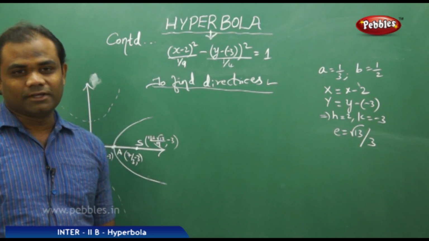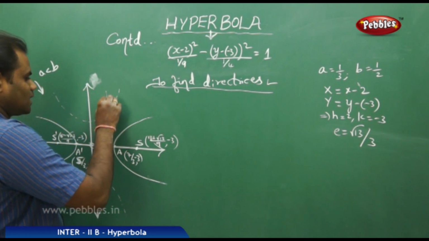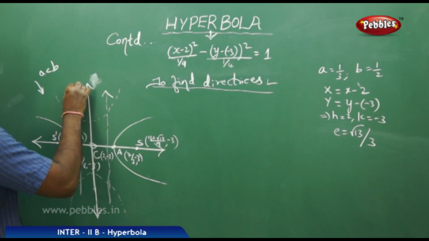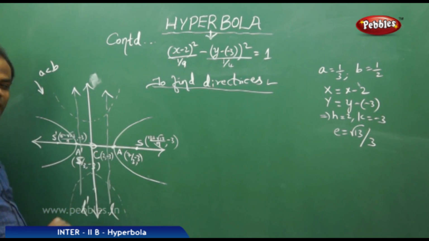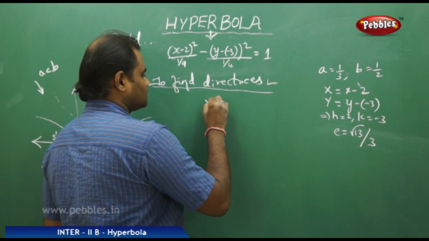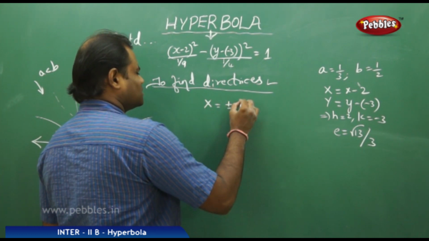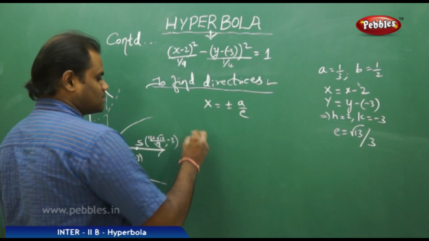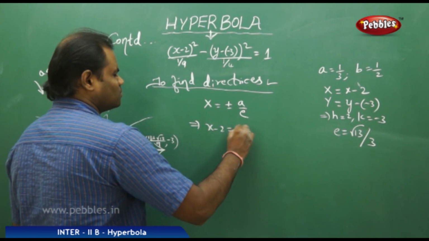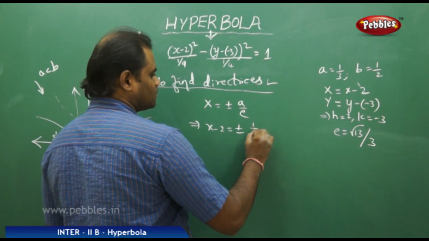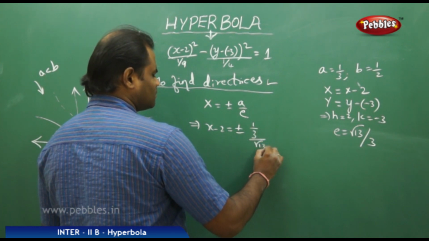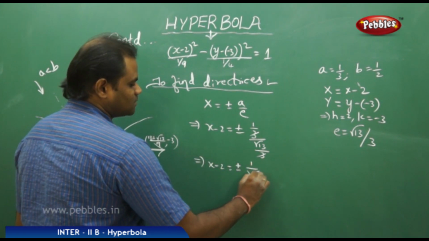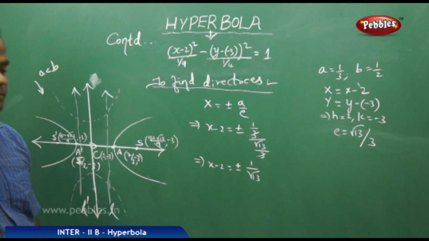Now next is finding the equations of directrices. Suppose I have a directrix out here and a directrix out here, then the equations of these two directrices are given by x equal to plus or minus a by e, one given by plus and one given by minus. That implies x minus 2 is plus or minus a by e, that implies x minus 2 is plus or minus 1 over root 13.